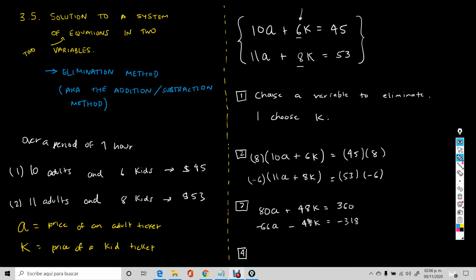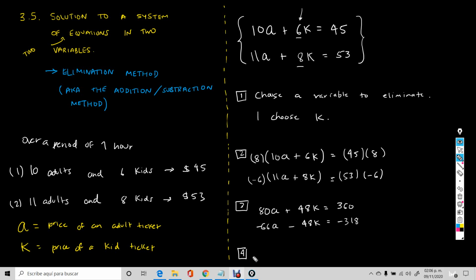Once you have done this, you will notice, look at your expressions with k in both equations. You have in here 48k, and you have in here minus 48k. So it's basically the same term, but of opposite sign. And the core of this method, or the real trick, is this.